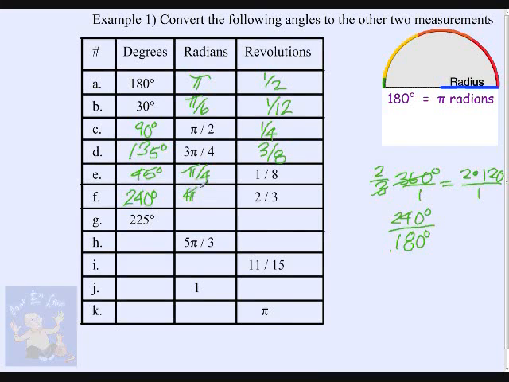Four pi over 3. Would that be right? Well, if we look at this ratio, we could divide both of these by 60, so that would reduce to 4 over 3. So that's the proportion we've got here. And we can use that with pi because we are checking against 180, which is equal to pi. Okay. The next one, we've got 200.